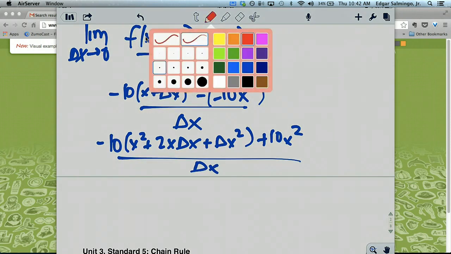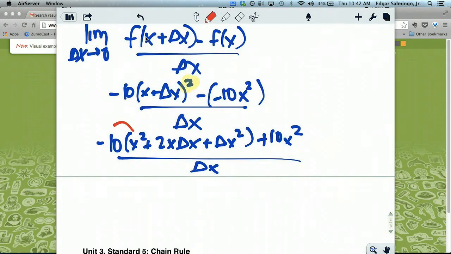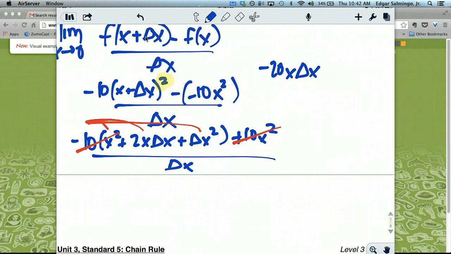Again, to save on time, I'm going to show you what cancels out. This negative 10, I'm going to have to distribute to all of these. You're going to get a minus 10x squared and a plus 10x squared that's going to cancel. What's going to leave you with is a minus 20x delta x and a minus 10 delta x squared, all over delta x.